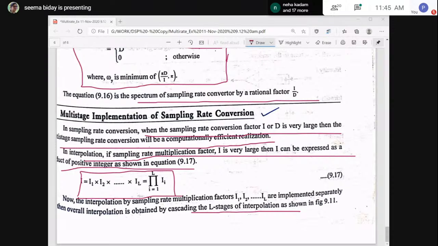Question number 2 is write 4 steps of sampling rate conversion by I by D factor.